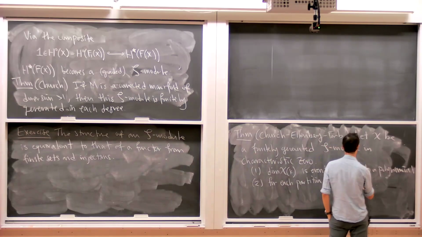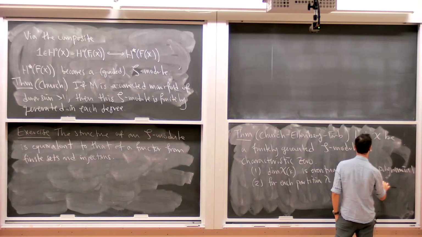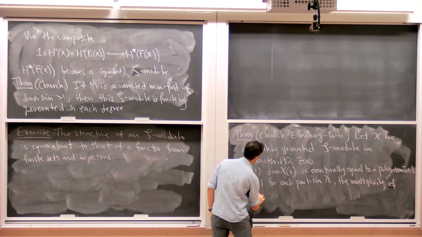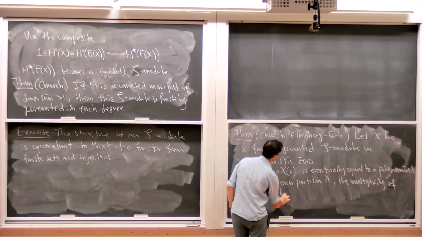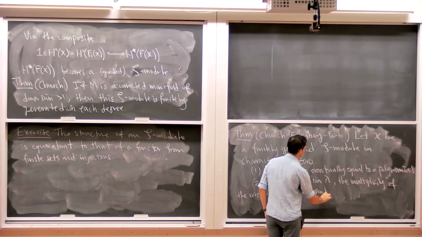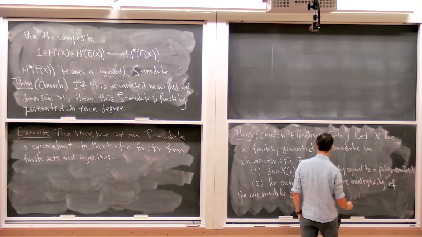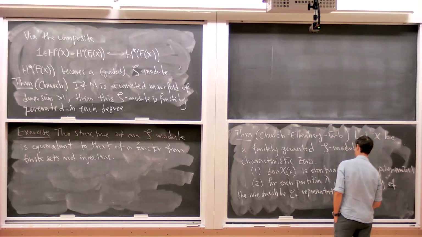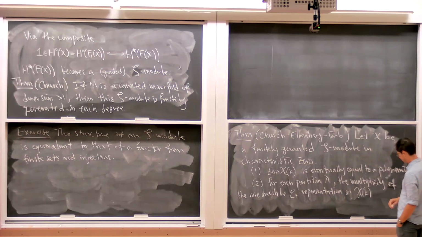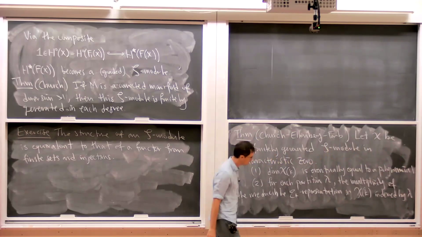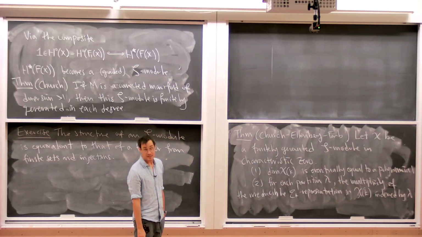And then we can look at the multiplicity of the irreducible representation of sigma k in x of k indexed by lambda. And that is eventually constant.